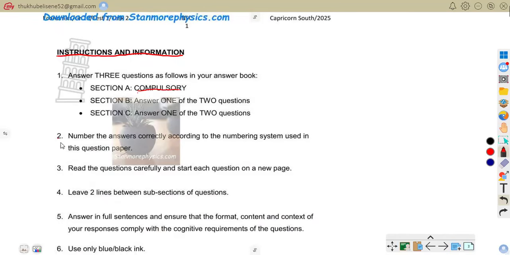Instruction number 2, number answers correctly according to the numbering system used in this question paper. Make sure that your numbering is correct. Instruction number 3, read the questions carefully and start each question on a new page. Instruction number 4, leave 2 lines between subsections of the questions. Instruction number 5, answer in full sentences and ensure that the format, content, and context of your response comply with the cognitive requirements of the questions.